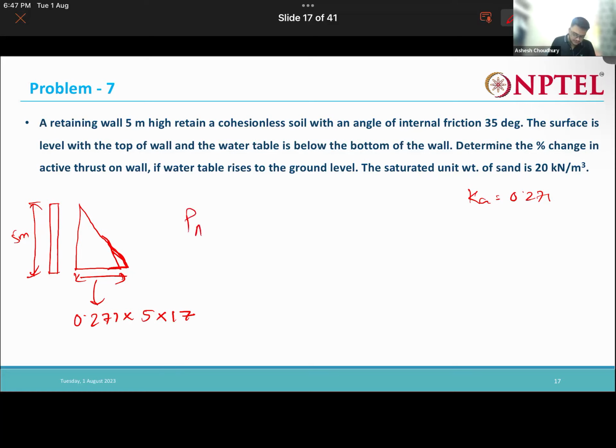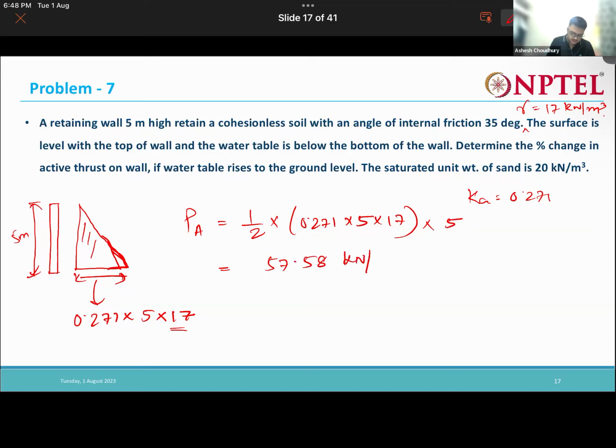Gamma is not stated separately, gamma will be 17, it's given. So what is PA? Half into 0.271 into 5 into 17, the area of this triangle, right? So this will be 57.58 kilonewton per meter, right?